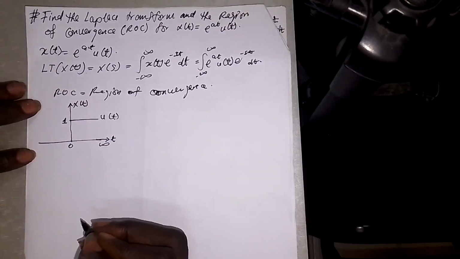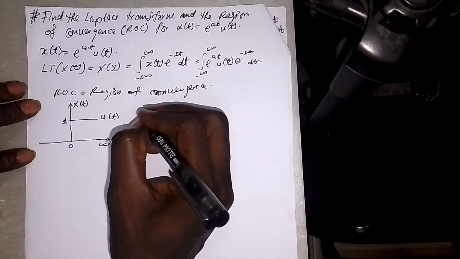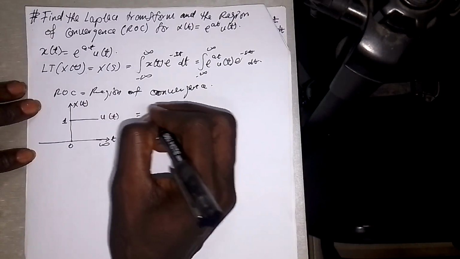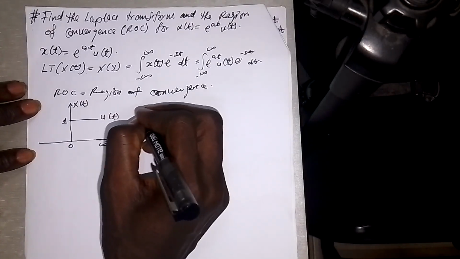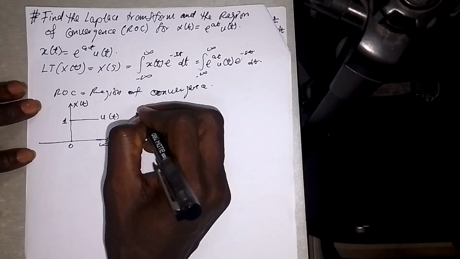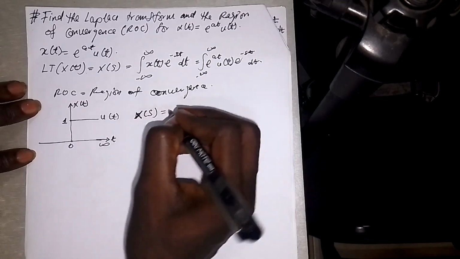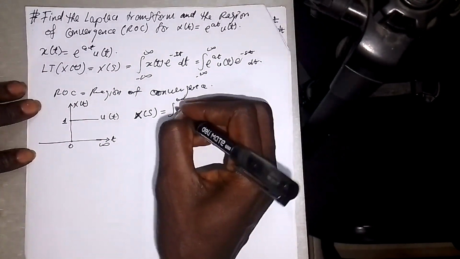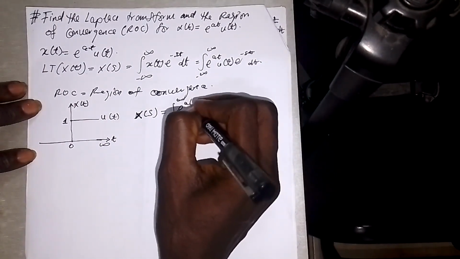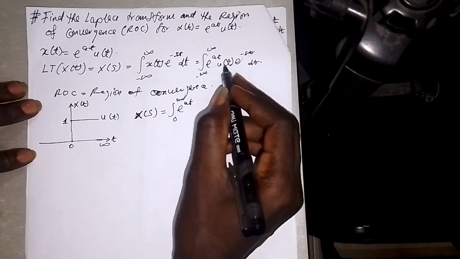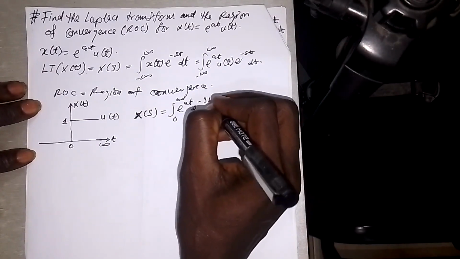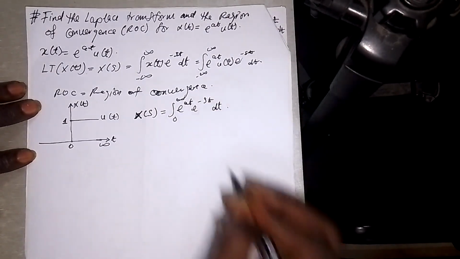Now basically I can say that my signal is actually from 0 to infinity, because it's from 0 to infinity, of e exponent at. I can omit the u of t because its value is 1. Into e exponent minus st dt. So this is my signal.